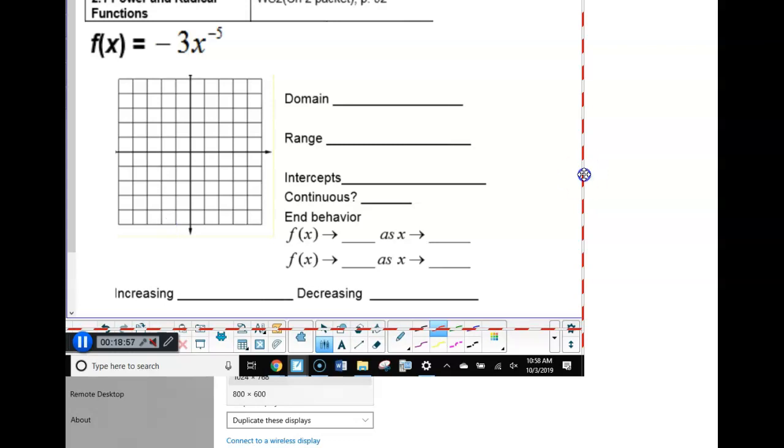Okay. Throw this in your calculator real quick. I don't think you're going to get anything nice. Negative 3 times x to the negative 5th. Is it one of these?